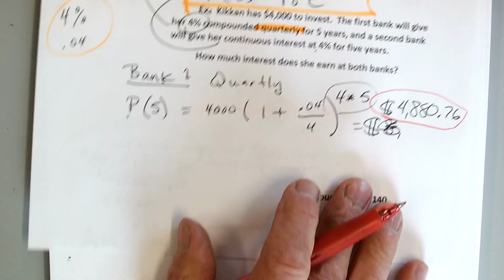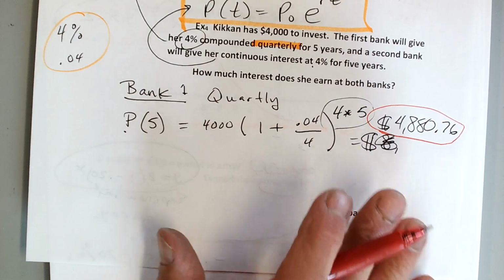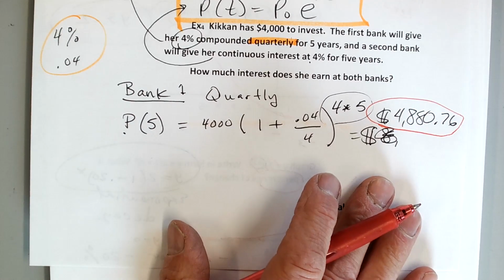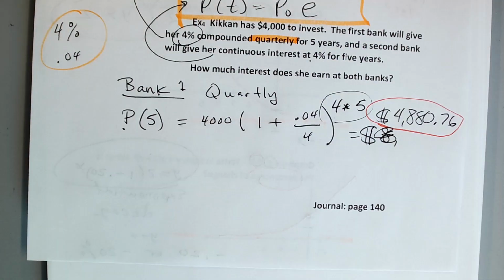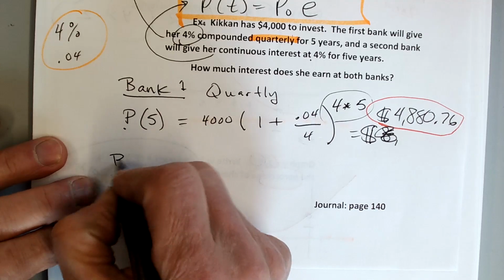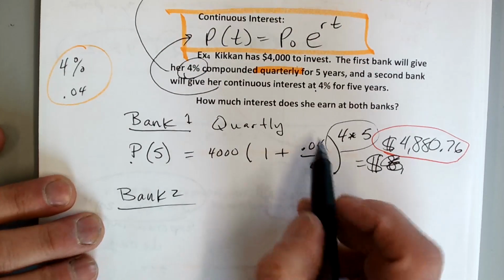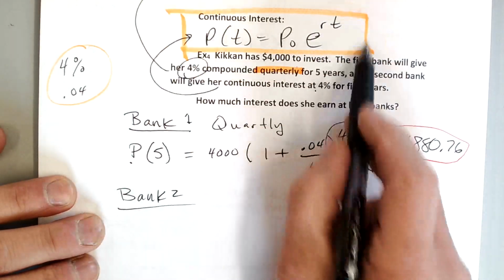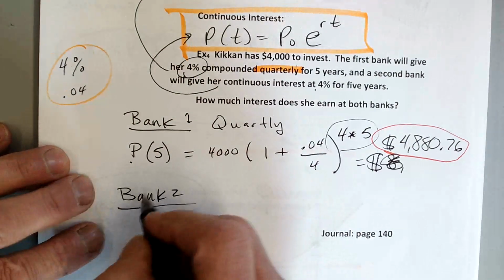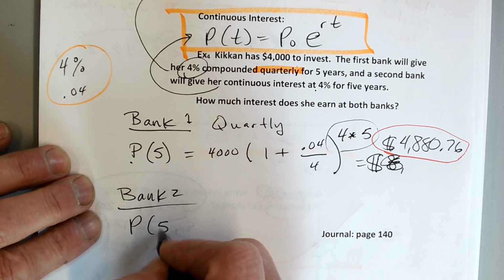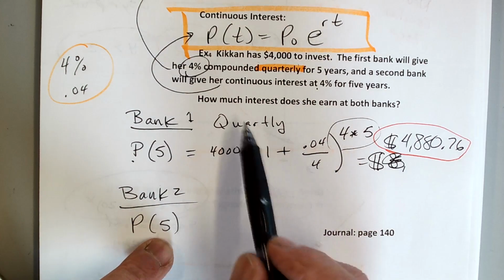Now, will she make more money if she compounds it continuously? I hope so. So bank 2 is going to compound her money always, every moment, every second in time, if there is such a thing, right? So bank 2, she should make more money, right? Because it's going to be compounded continuously. So we're going to use this formula. P of 5, because we're going to plug in 5 years.